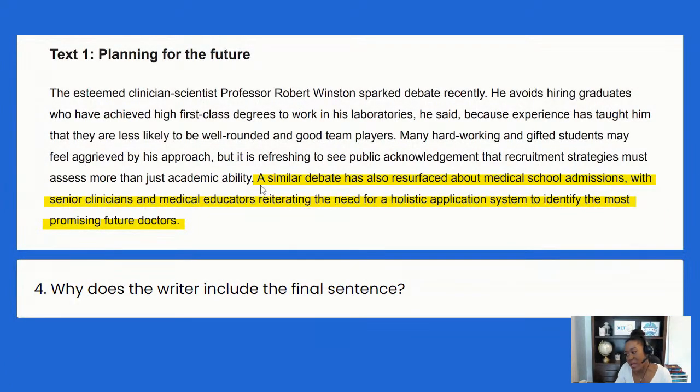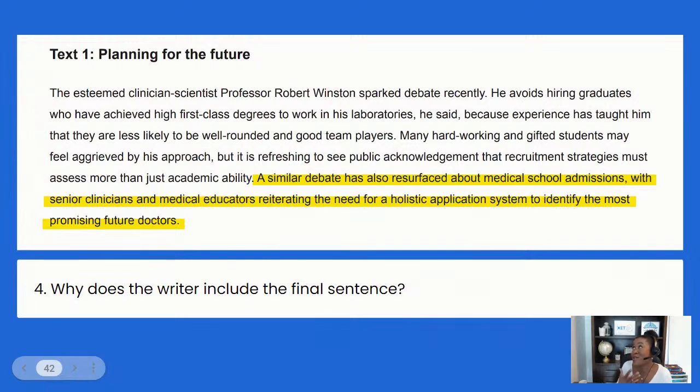Let's just have a look at why the writer would have included this final sentence. He says a similar debate has also resurfaced about medical school admissions, with senior clinicians and medical educators reiterating the need for a holistic application system to identify the most promising future doctors. Why does the writer include this sentence? What's the purpose?